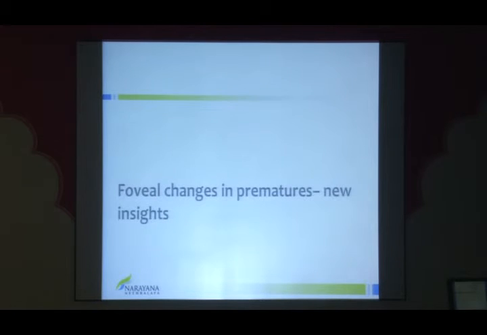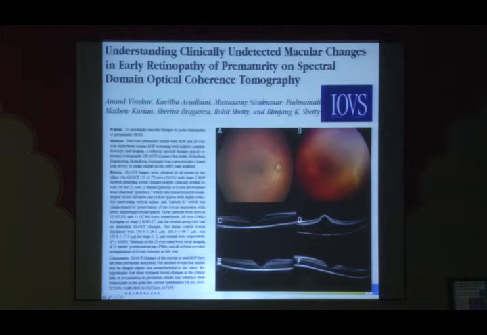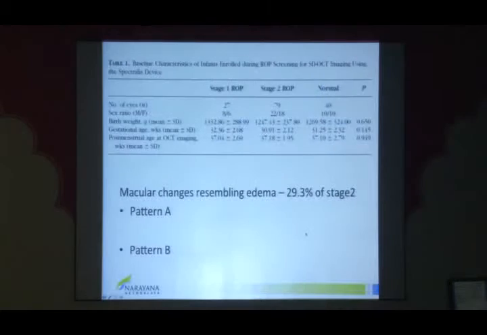So what are some of the changes we see in preterm babies? This was something that we discovered, at least accidentally. We were trying to do OCT on the ridge and then accidentally found what is now called macular edema of prematurity, or MEOP or MOEP, depending on which journal you submit it to. We've classified it as two types.